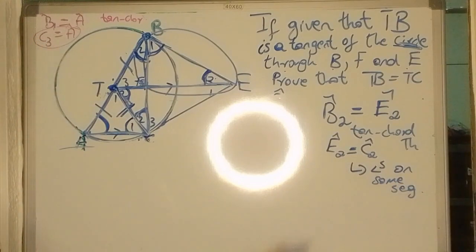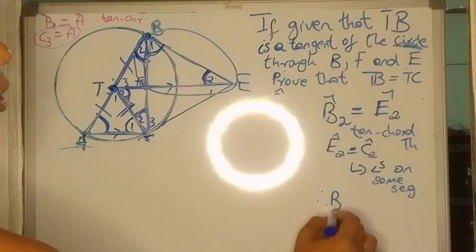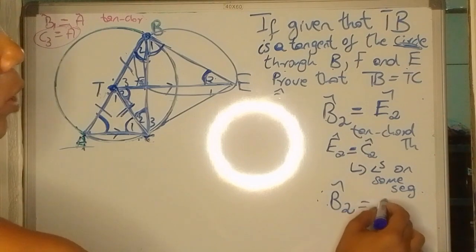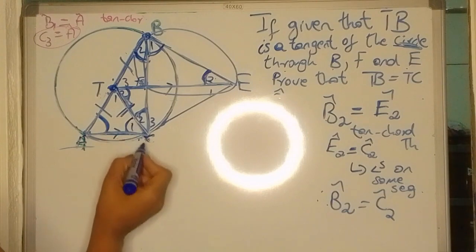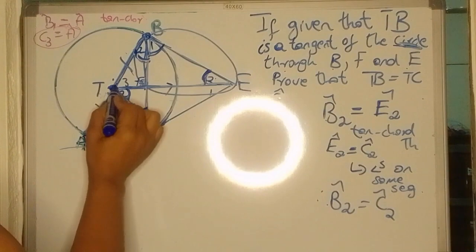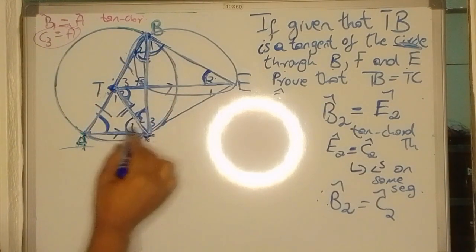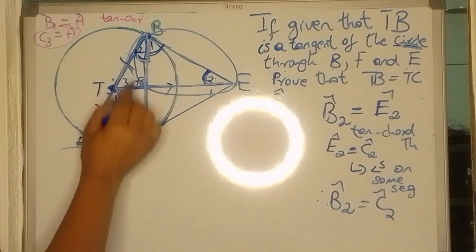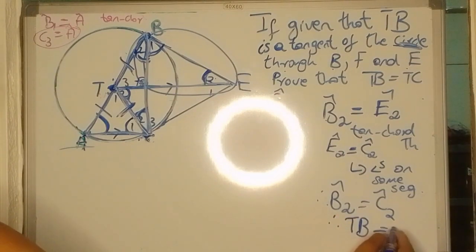Great. So since both B2 and C2 are equal to E2, therefore angle B2 is equal to angle C2. This then makes triangle TBC isosceles, making this side equal to this side. Therefore, side TB is equal to side TC.